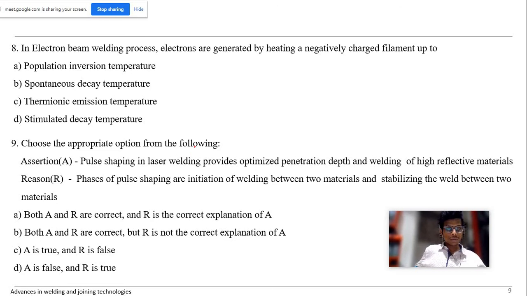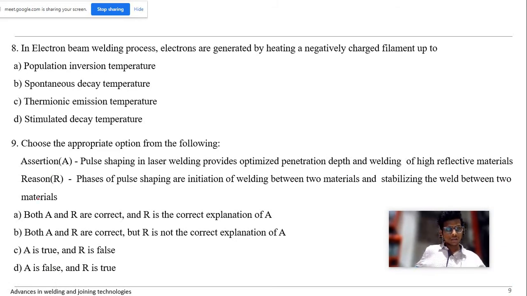Choose the appropriate option from the following. Pulse shaping in laser welding. Yes, because of the pulse shaping we get optimized penetration depth. Obviously, because we are changing the peak duration and background duration, something like that. So we will get optimized penetration depth and welding of highly reflective materials. The phases of pulse shaping are initiation of welding between two materials and stabilizing the welding between two materials.